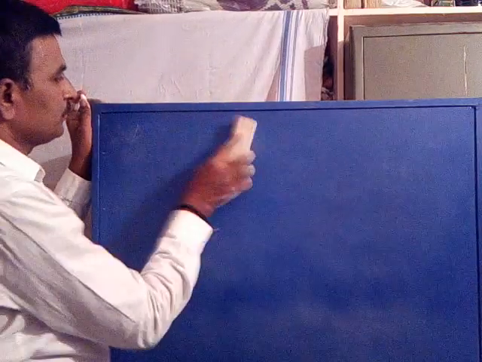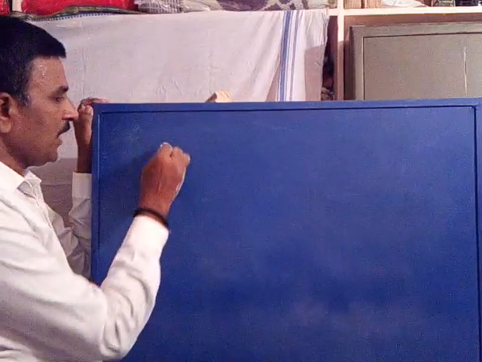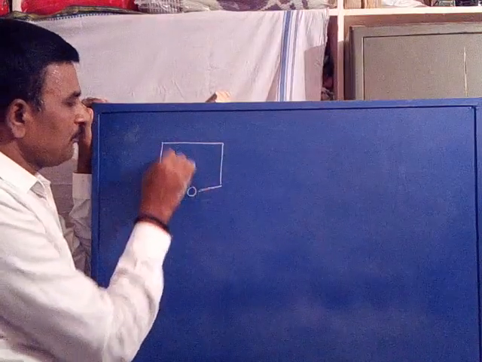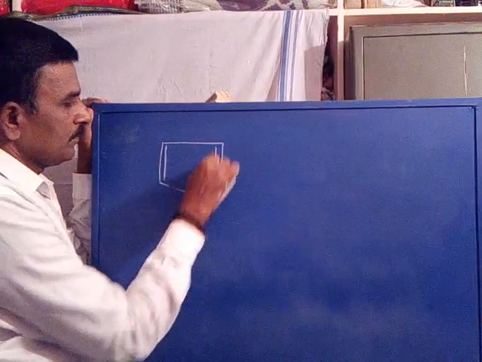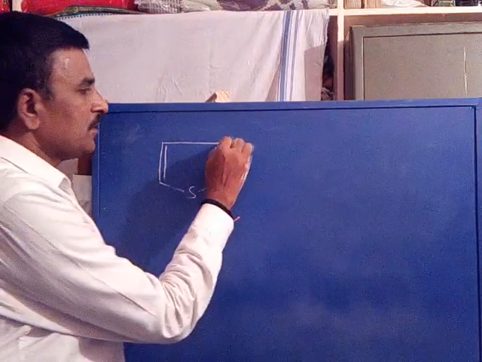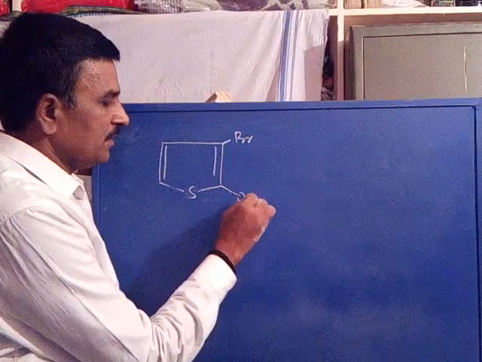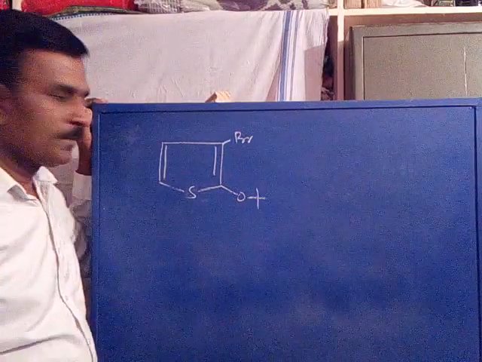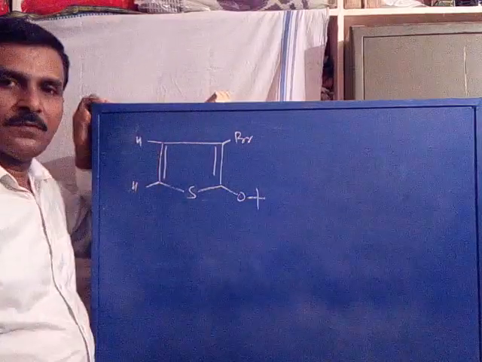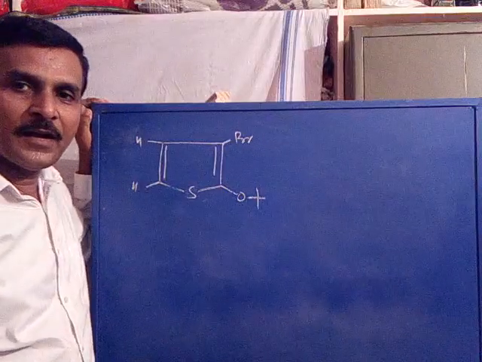For example, you take a thiophene system with a bromine and an oxygen, tertiary butyl group. Now, there are two aromatic hydrogens.